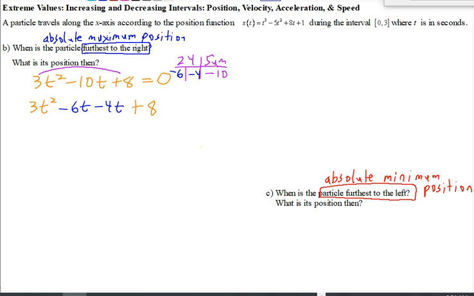And then you can split it in half and factor out the GCF. The GCF of the first two terms is 3t, and what's left is t minus 2. The GCF in the last two terms is negative 4, and you're left with t minus 2.